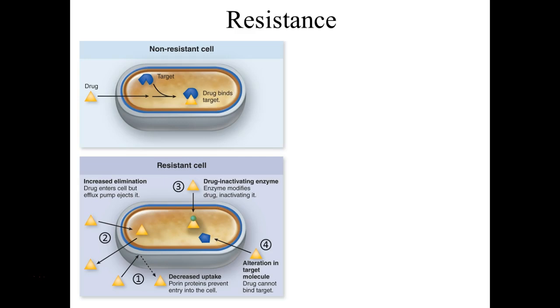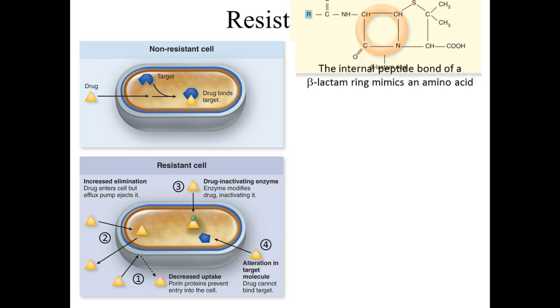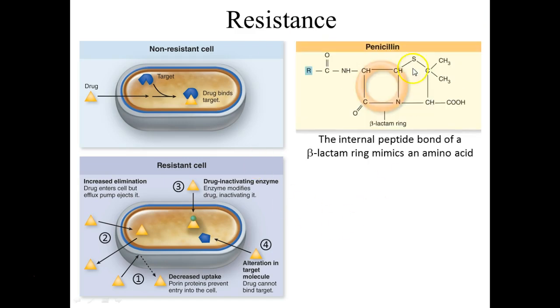And this is very common, unfortunately, with penicillin-like drugs. There's a lot of bacteria out there that have enzymes that destroy penicillin and penicillin-like drugs. Penicillin's general structure has what's called a beta-lactam ring here.